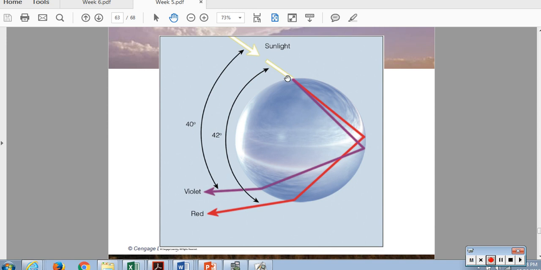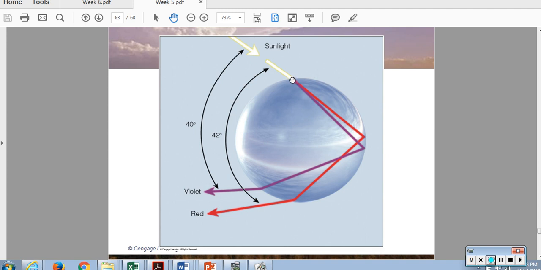So we see the light coming in, and all the colors of the rainbow will then split up inside the droplet, and then it hits the back wall of the droplet, and this is where what we call reflection occurs. First of all, I should say that when it crosses this boundary, you get refraction, so the bending of light.